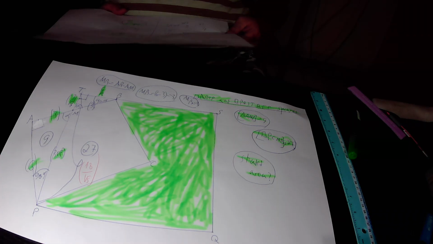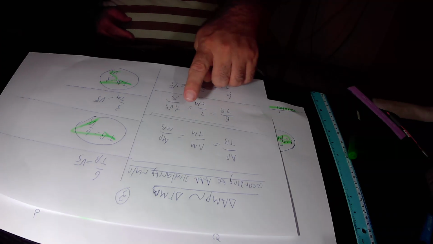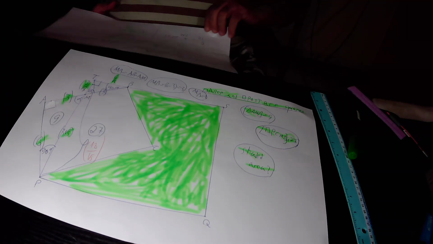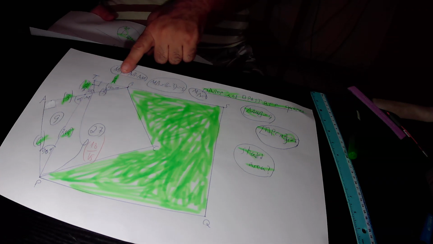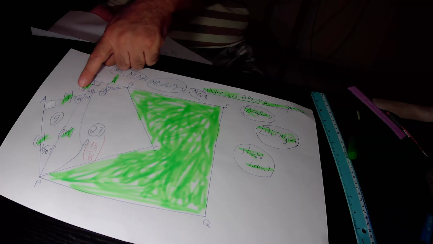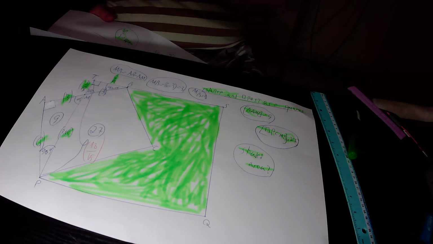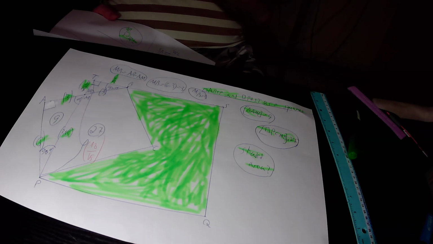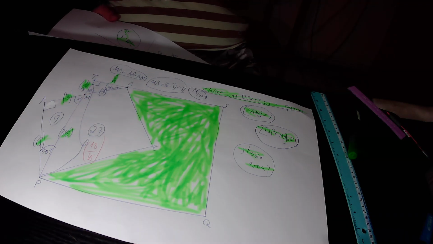So we found out that AP over TB equals AM over TM equals MP over MB. AP is 6 over TB. TB is the missing side. And it is equal to AM, which is 3 over TM. TM is the missing side. And it is also equal to MP, which is 3 times square root of 5 over MB.